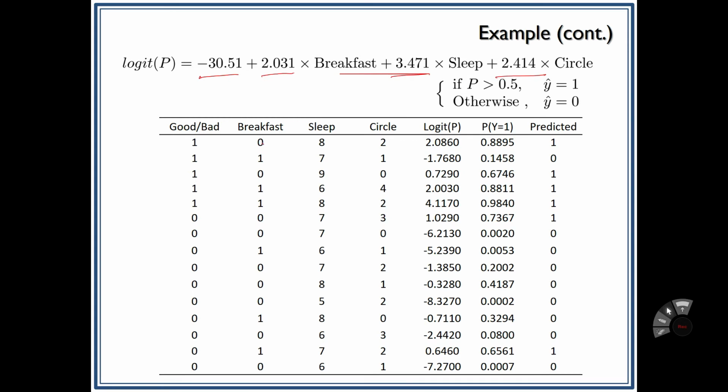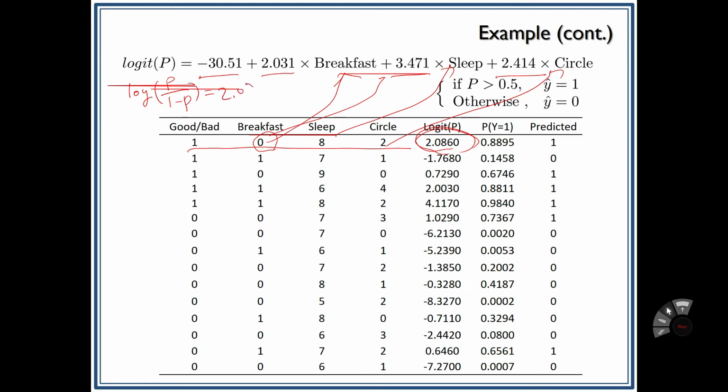Then, plugging in, for the first observation, 0, 0 here, 8 here, and 2 here, we get the logit p value. So logit p, which is log of p over 1 minus p, is 2.0860, right?